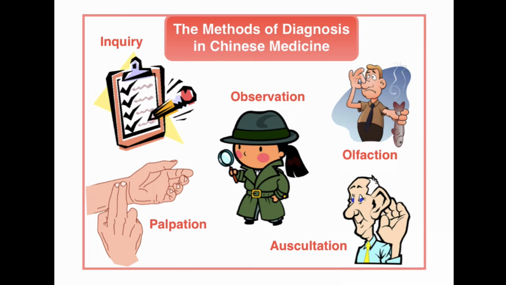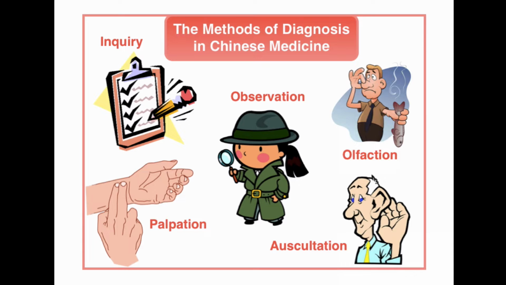So inquiry is basically the biggest, the one that's going to take us the most time when we do our first initial consultation. Inquiry is collecting general data, then going in depth, of course, which we try to do with as many details as possible on the chief complaint, so why the person or the patient is here, the duration, the onset, the characteristic, the location, what makes it worse, what makes it better.